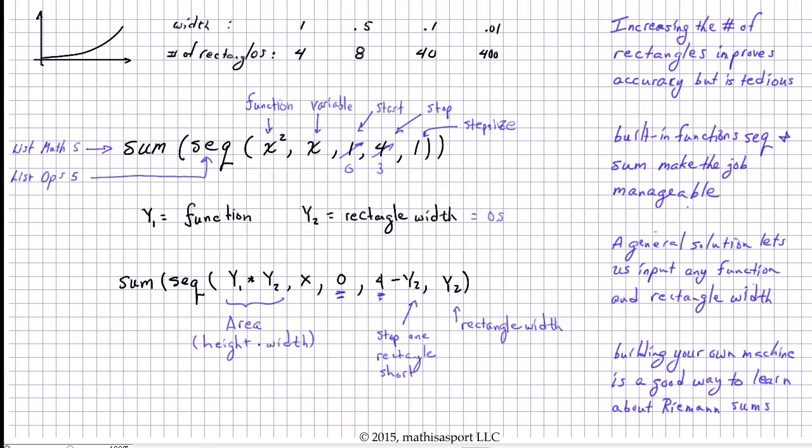And in particular, if we add the additional sophistication of setting out the function and the rectangle width as y1 and y2, then we have a complete general signed area finding machine that will accept an arbitrary function, an arbitrary rectangle width, and calculate the signed area from an arbitrary start point to an arbitrary end point.